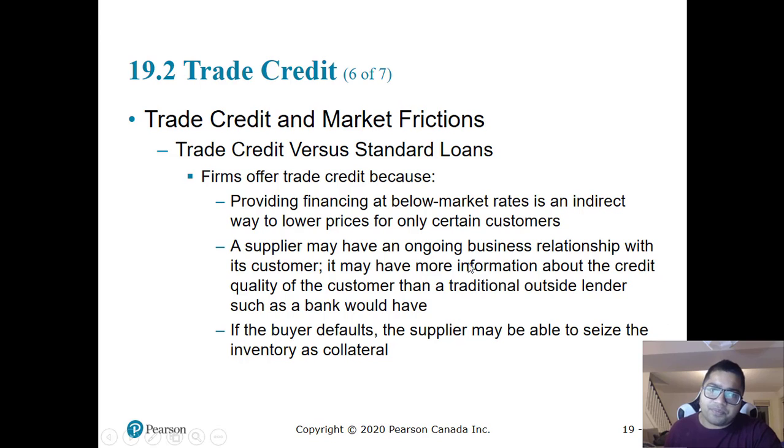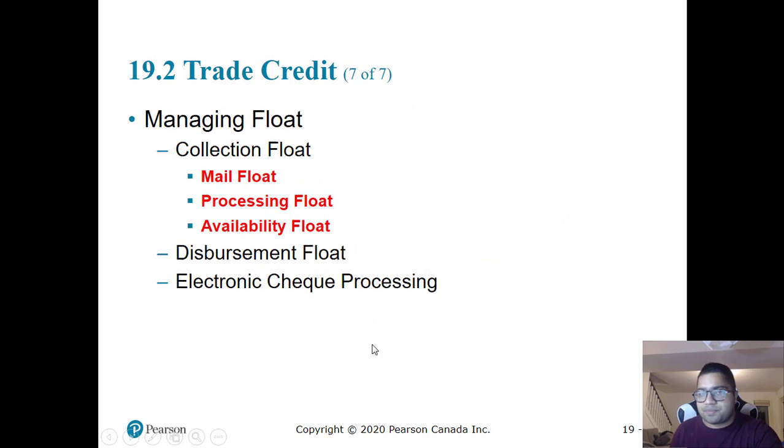The supplier may have an ongoing business relationship with its customers. It may have more information about the credit quality of the customer than a traditional outside lender such as a bank would have. If the customer defaults, the supplier may be able to seize the inventory as collateral. So he is in a better position than a bank.